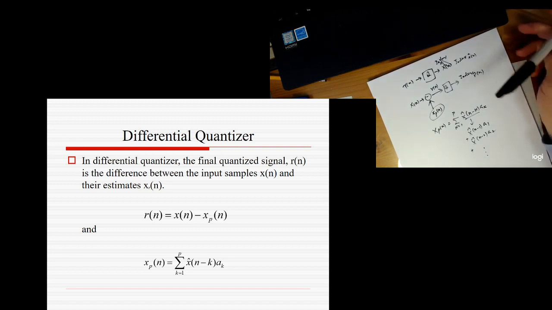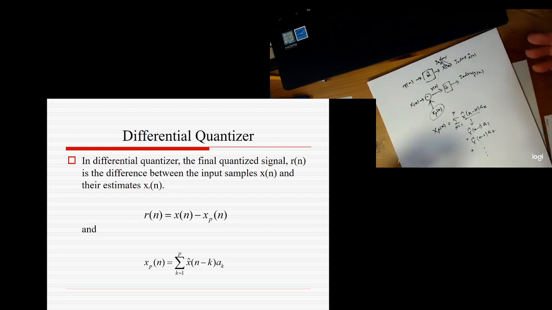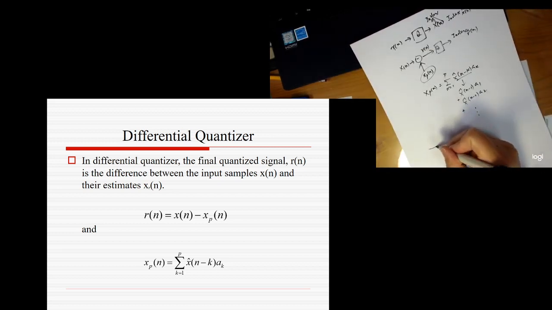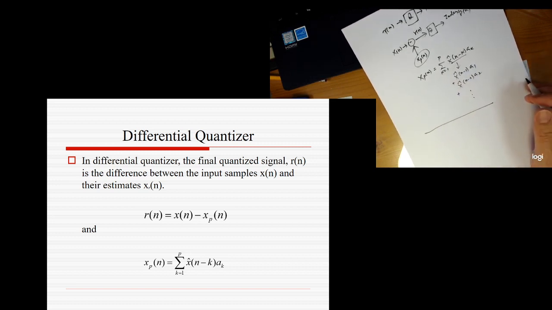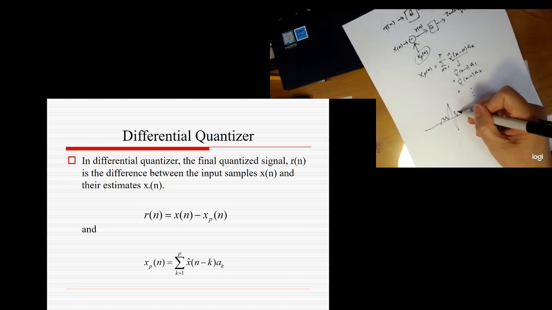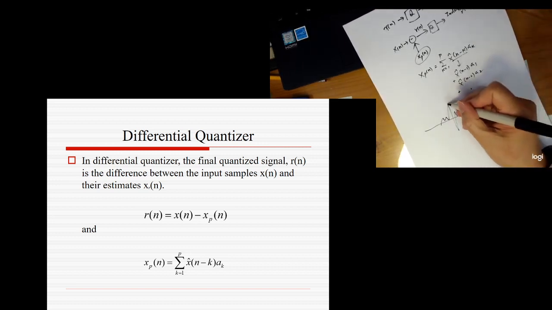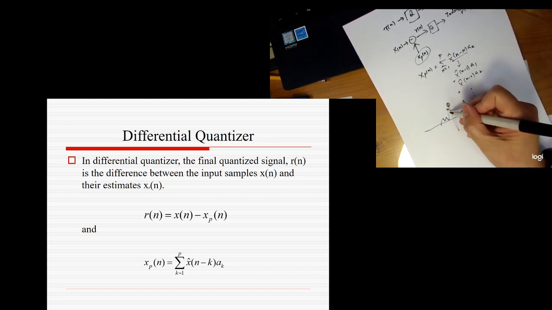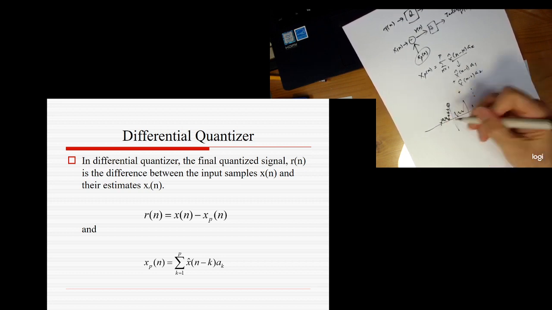This equation tells you that, for a signal like speech, if we try to predict the current sample, we use the previous signal in a linear combination.